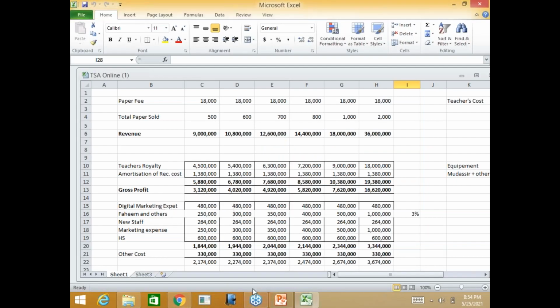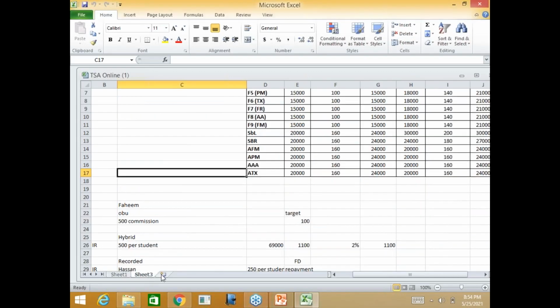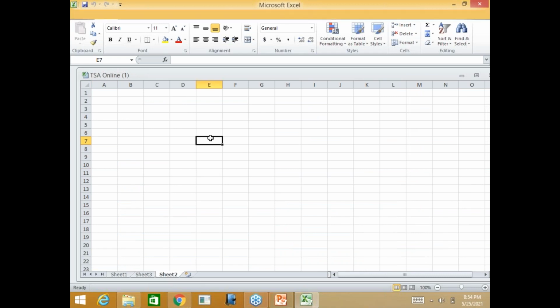So let's solve the question on the sheet.